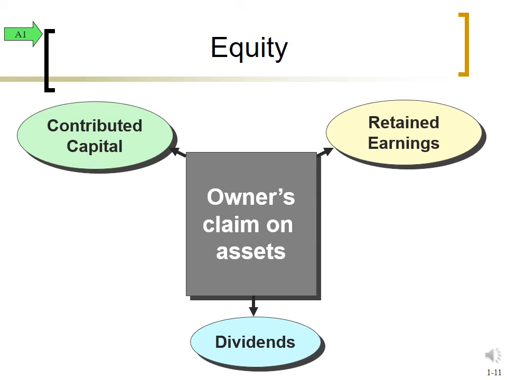So these two groups, stock and retained earnings, which comprise stockholders' or owners' equity, belong to the owners. How do they get this back? Well, they could sell the stock and get their money back. They could get the retained earnings from the company declaring dividends. So that's how equity works. That's what it relates to, and that's who owns it.